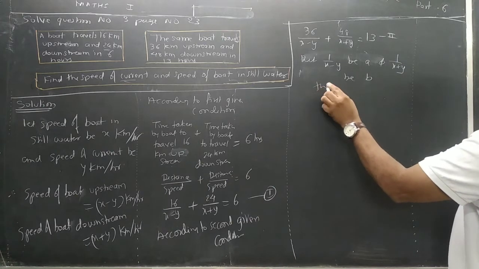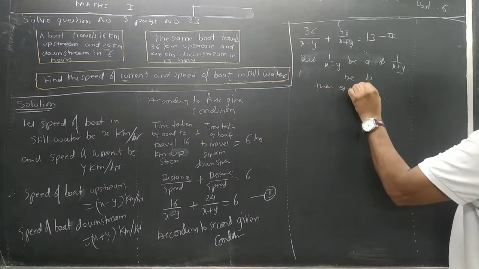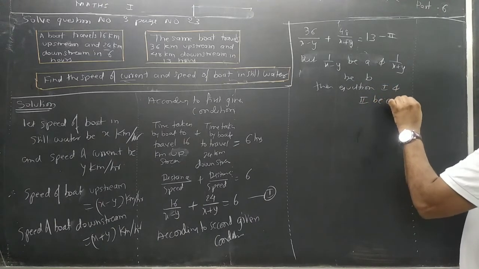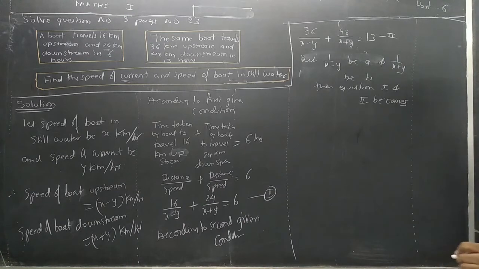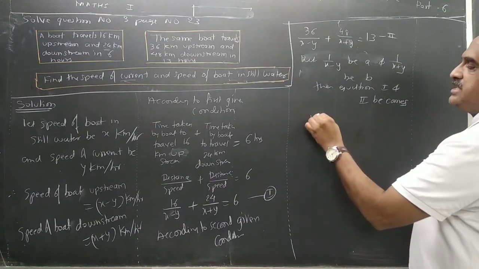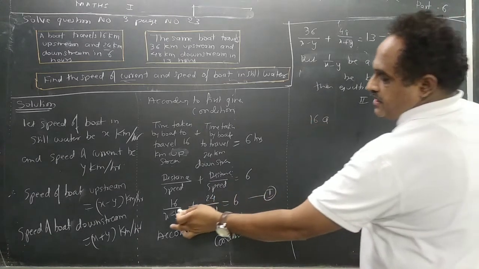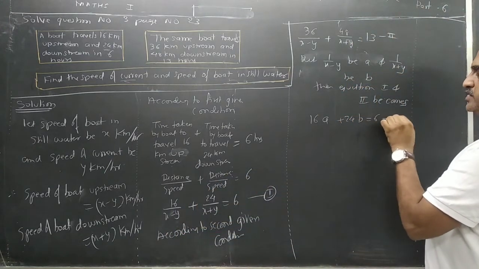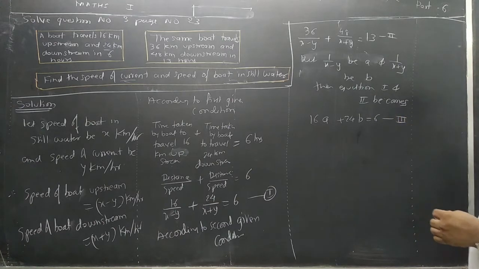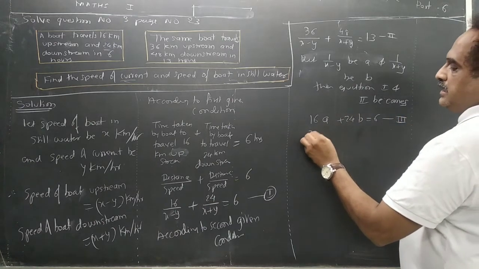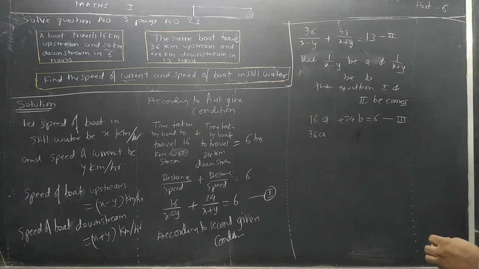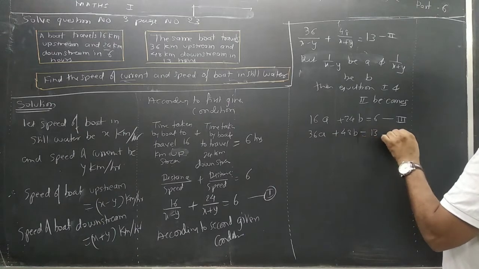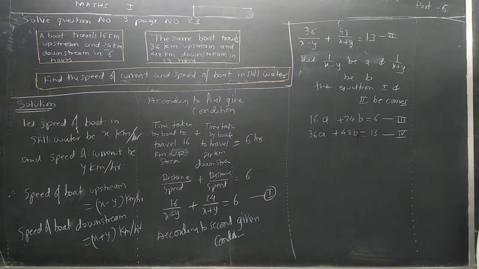Then equations 1 and 2 become 16a plus 24b is equal to 6, equation number 3, and 36a plus 48b is equal to 13, equation number 4.